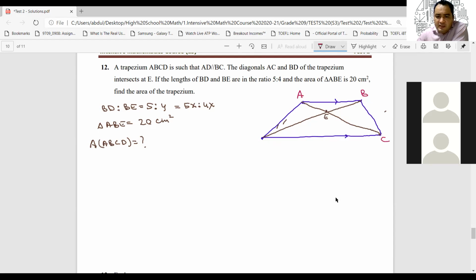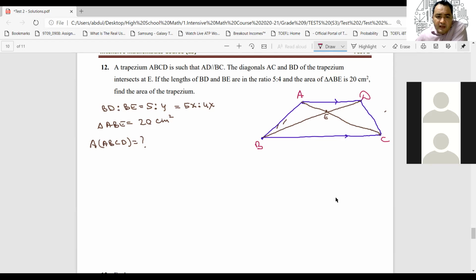A, B, C, D. Now from here, BD is 5, BE is 4. From B to E should be 4. Actually, it doesn't matter, but because of my drawing, B is quite long, right?